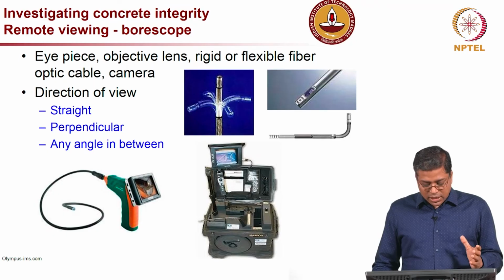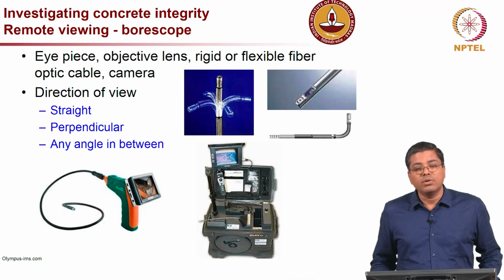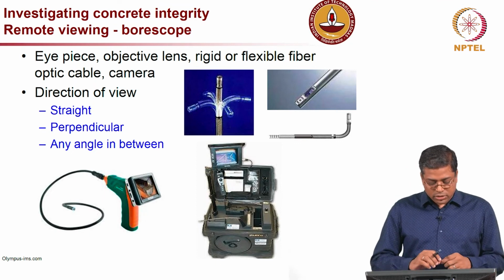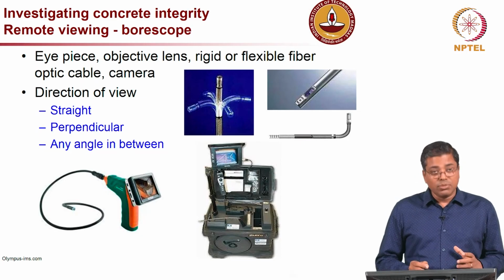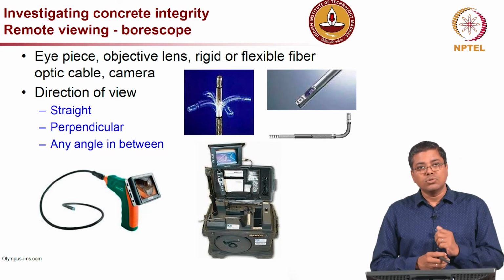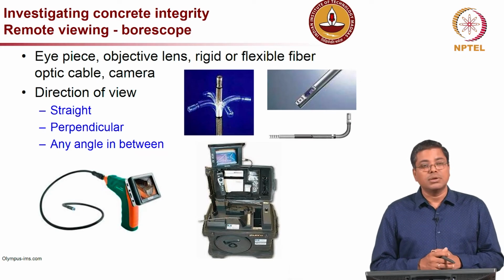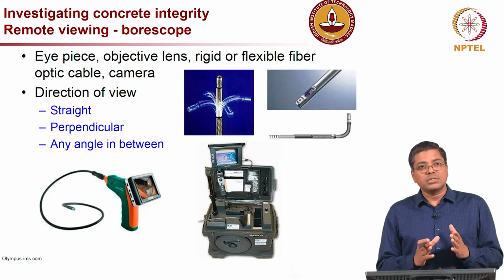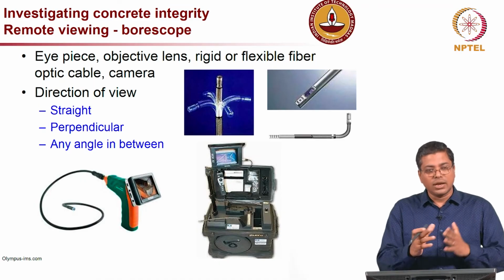Now, we mentioned a little bit about remote viewing. There are some equipments available where you have cameras attached to articulated arms which can be used to see what is happening. I will show example images on the next slide. Basically with these cameras, you can look at what is in front of the camera, what is on the side of the camera, and at any angle.